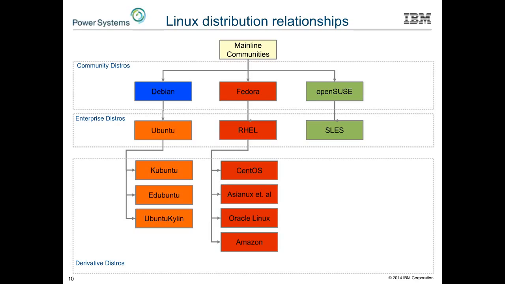Red Hat, on the other hand, is not nearly as open to having derivatives, but they do exist. Most people are familiar with CentOS. For a while, and there likely are still some remnants of it, but it sort of died out.